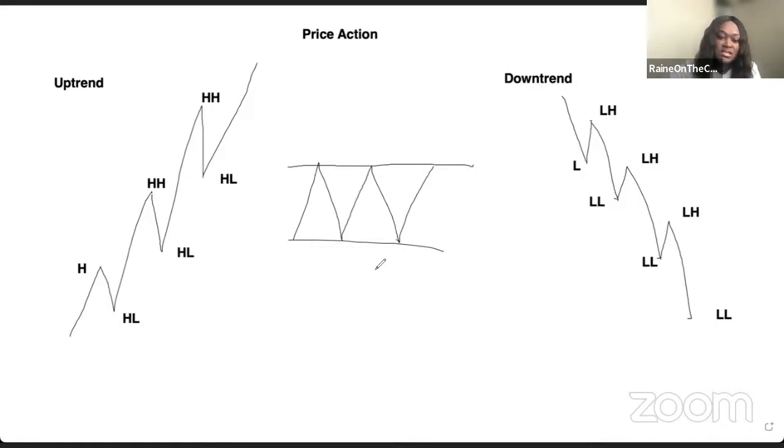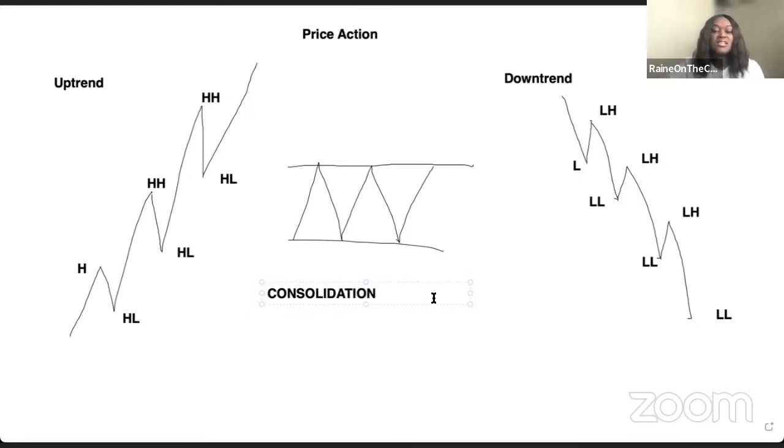So this is consolidation. Now, you can trade a trending market, you can trade consolidation. The choice is yours. Me personally, I tend to look for a trending market, and that's what I will trade. It's just simpler for me.